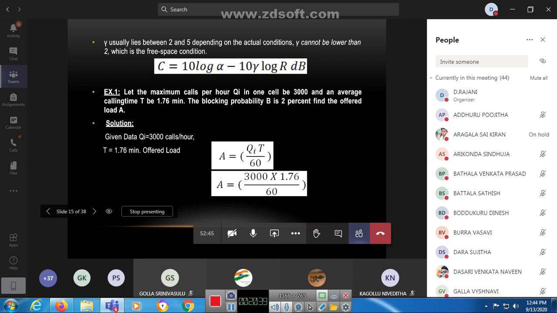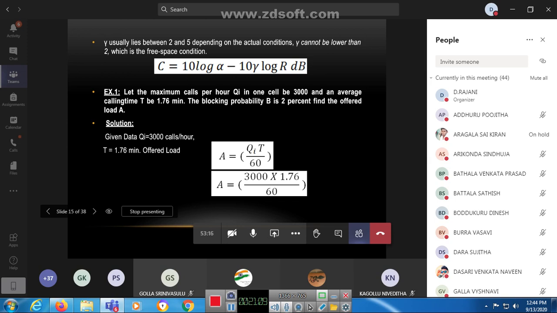That example we can take here: the maximum calls per hour Q1 in one cell be 3000 and an average calling time capital T be 1.76 minutes. The blocking probability B is 2%. Find the offered load A. For that we first take what are the given contents in this problem.